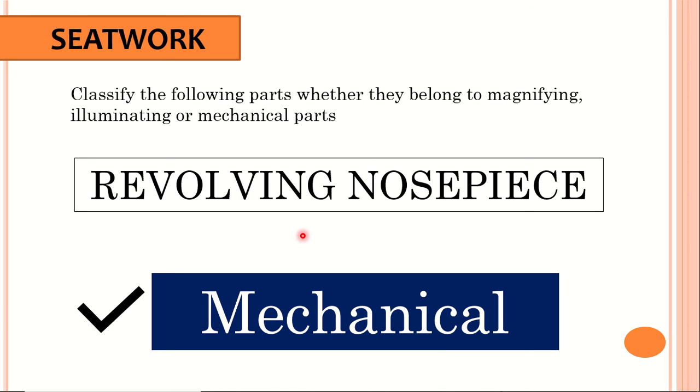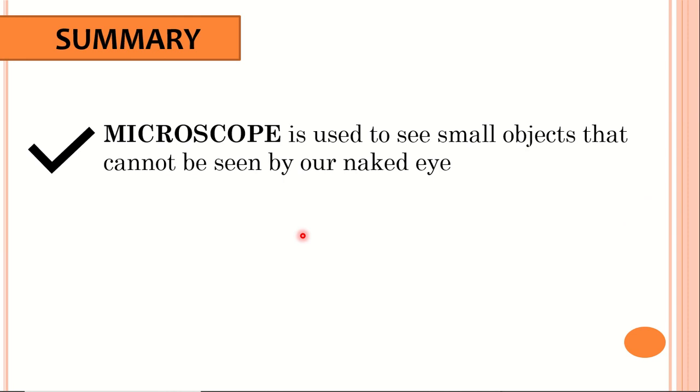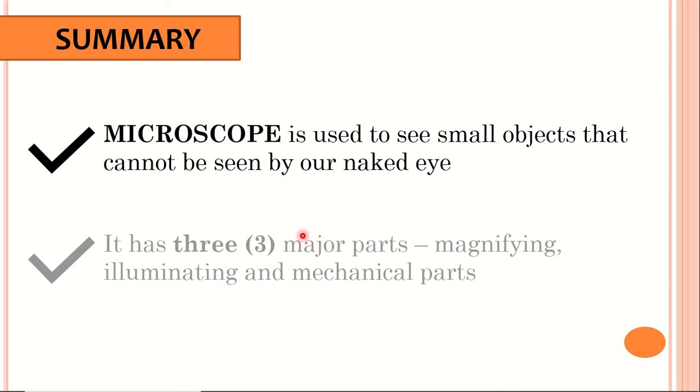Now, let us summarize your understanding about this lesson. First, a microscope is used to see small objects that cannot be seen by our naked eye. Next, it has three major parts, namely magnifying, illuminating, and mechanical parts.